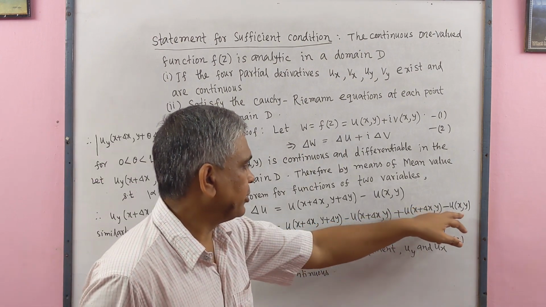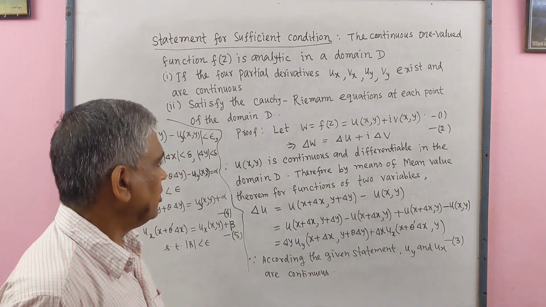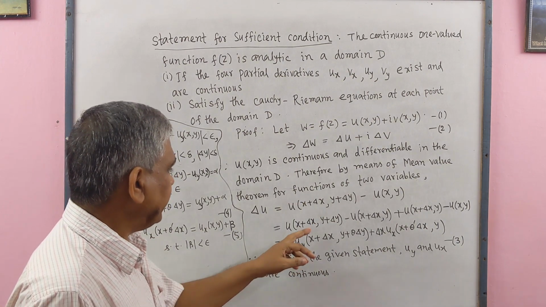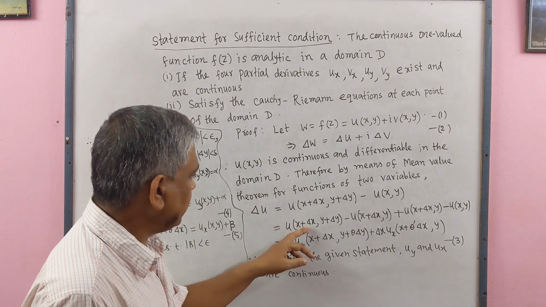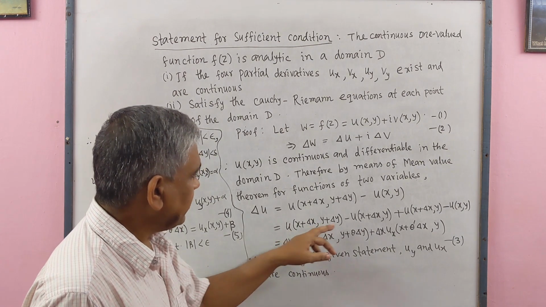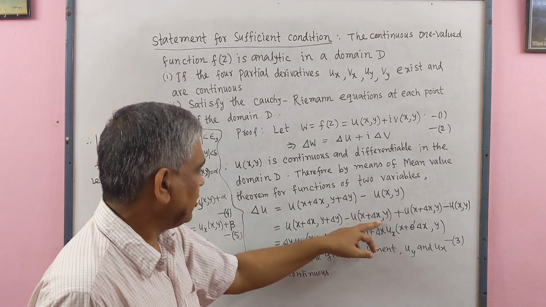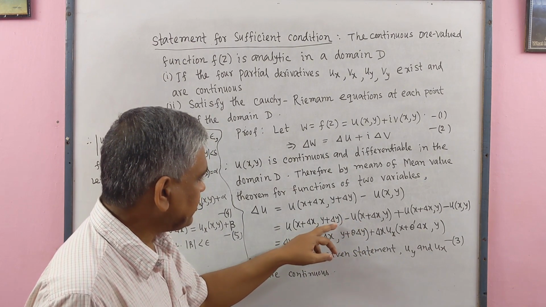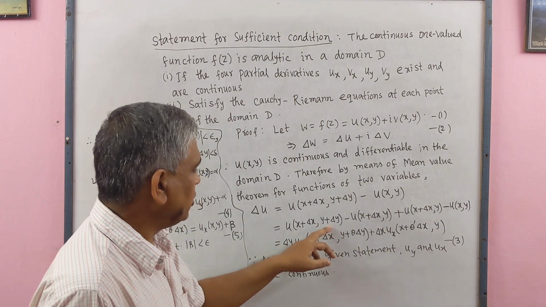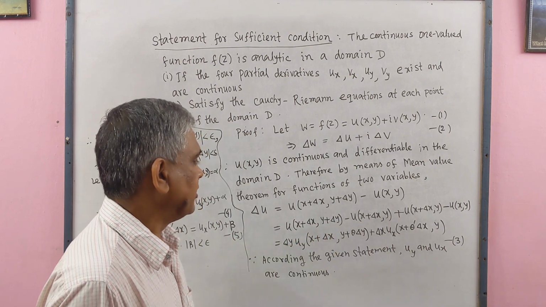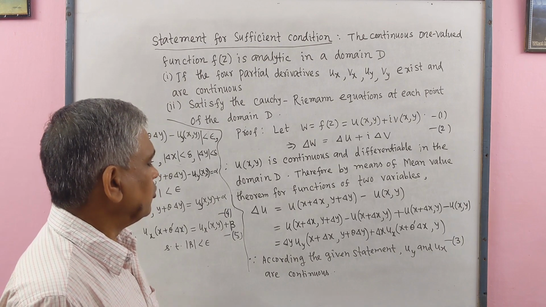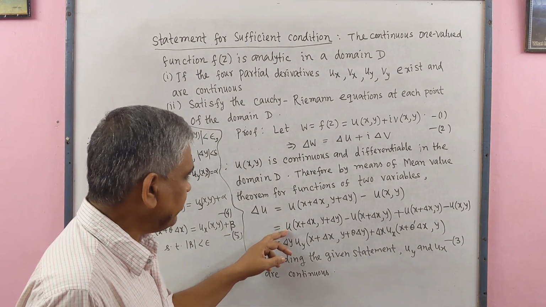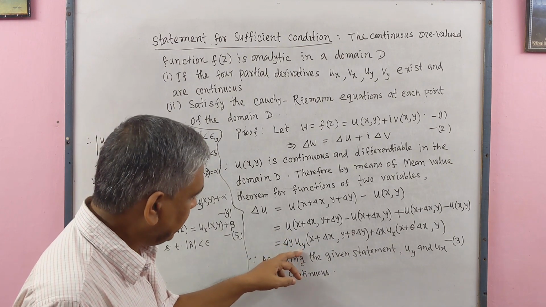This term and this term remains same. By mean value theorem, we get here, we see that x plus delta x, here also x plus delta x, same. But here we see that y plus delta y, here y. So y is changed.